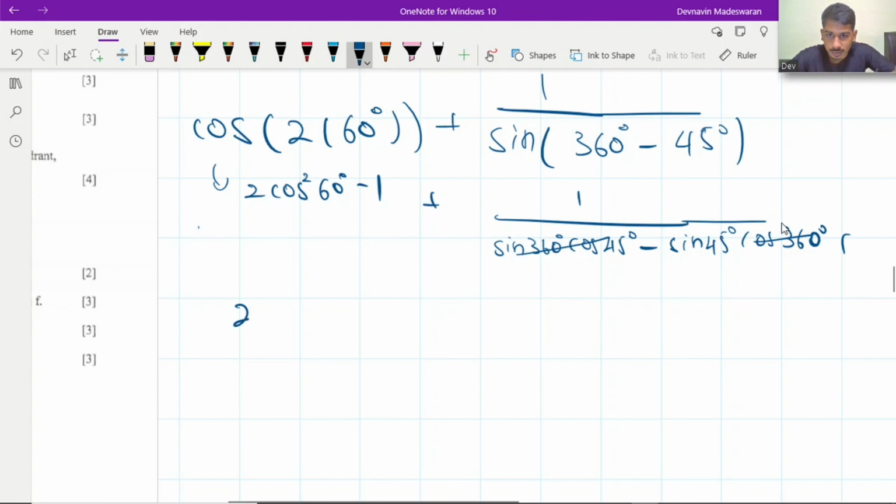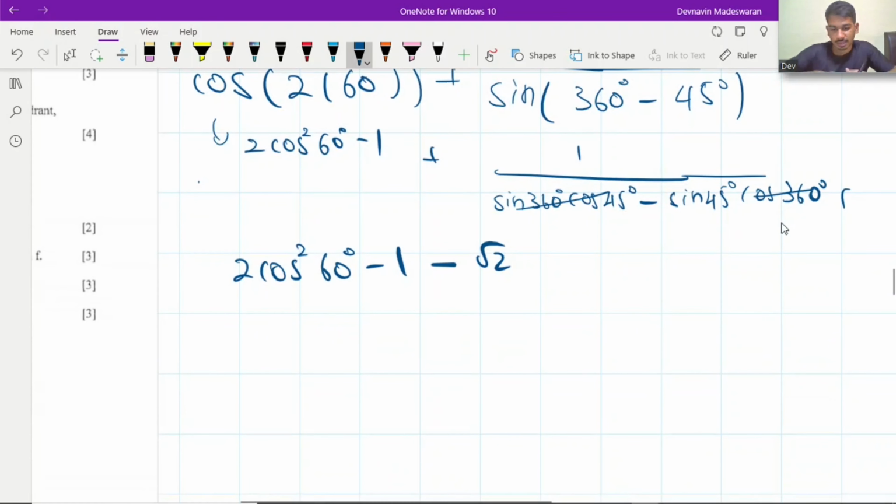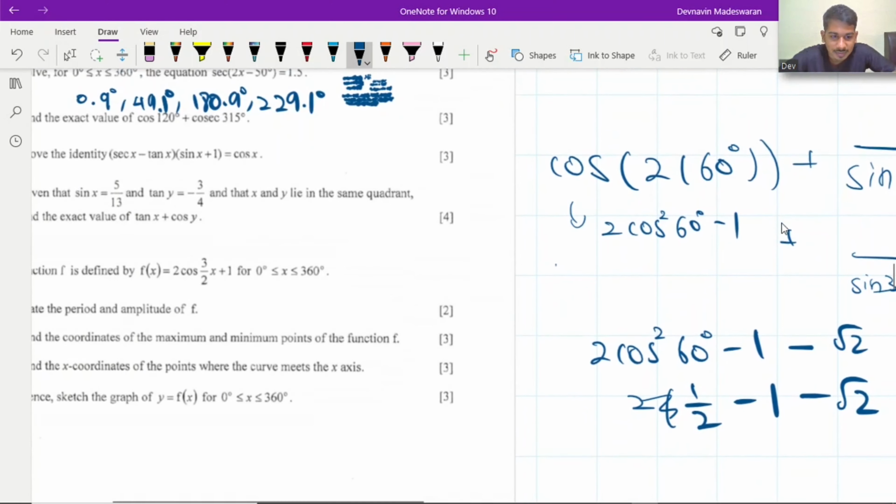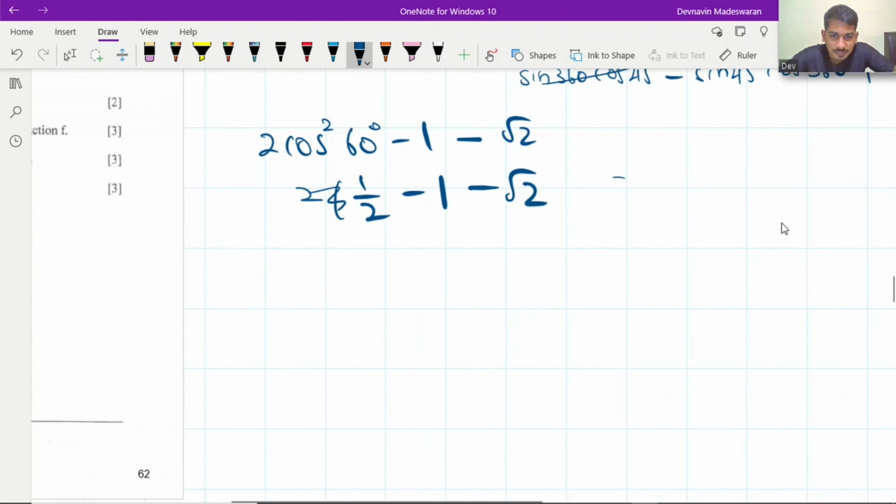So it's going to be 2 cos square 60 degrees minus 1 minus square root 2. Cos 60 degrees is half, so it's 2 times half squared, which is going to be half, minus 1 minus square root 2. So it's going to be negative half minus square root 2.